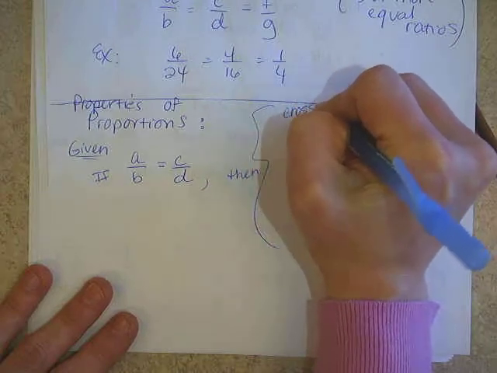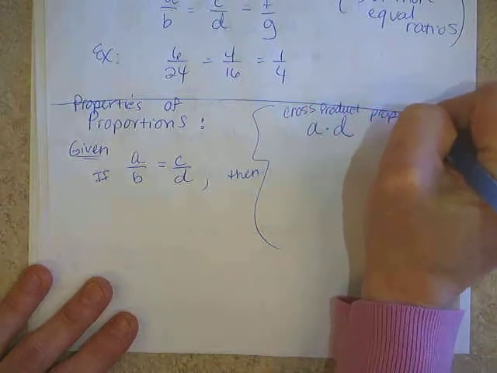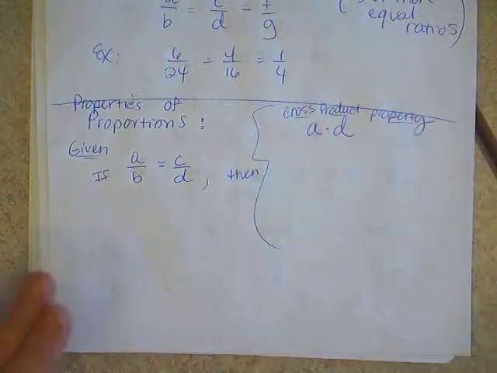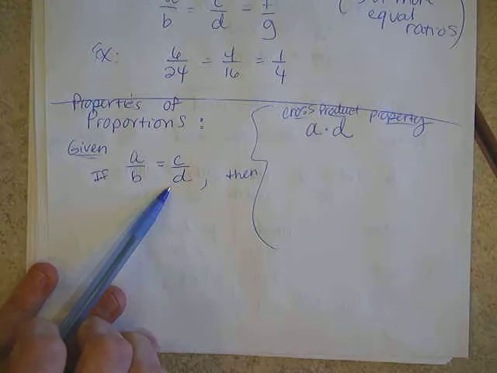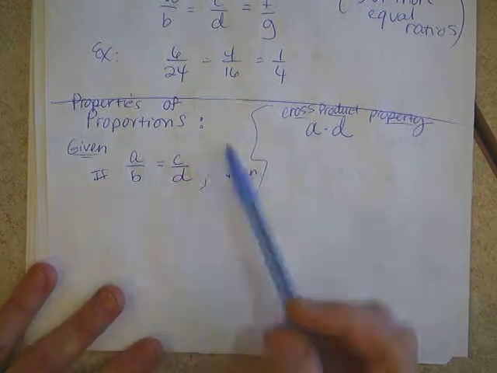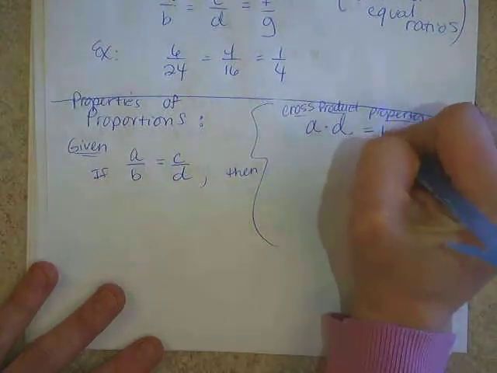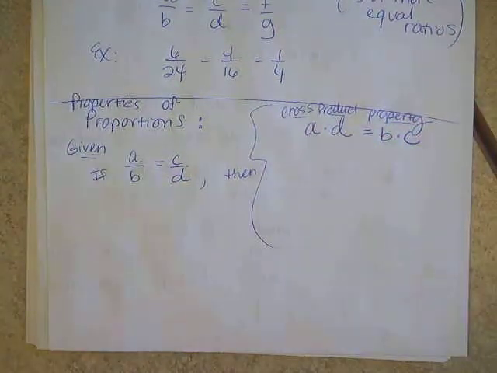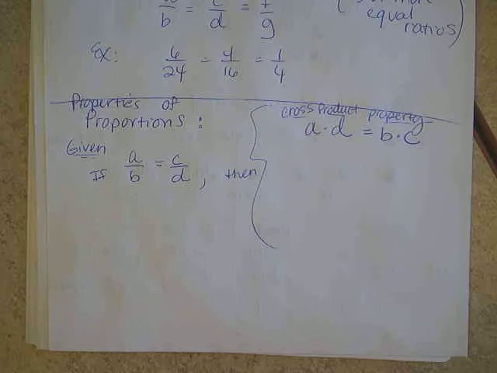This one is actually the cross product property. So this is a special one. You've used this before. So the cross products are saying if I multiply A times D, it should be equal to B times C. Occasionally in geometry, I have people that do the cross products and then they throw them back in a fraction and then they don't know what to do with it.